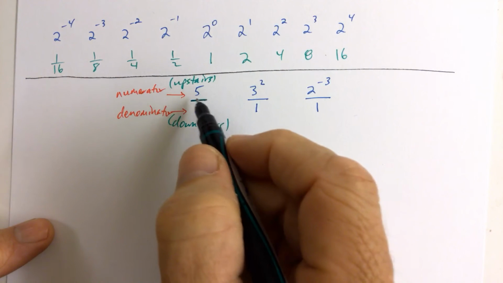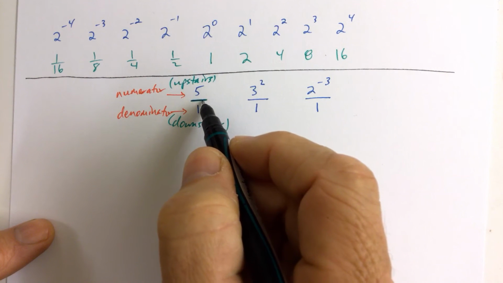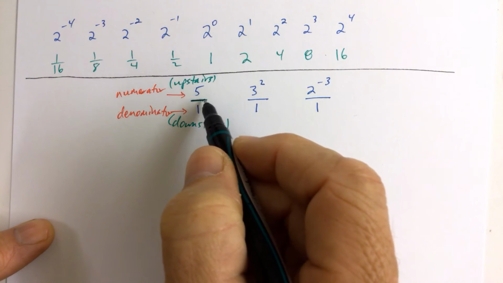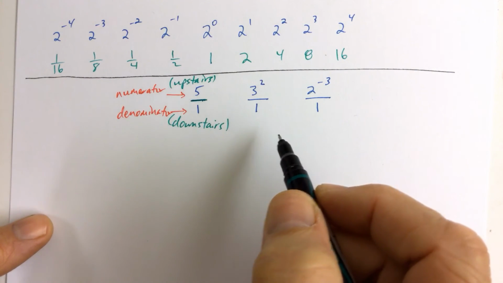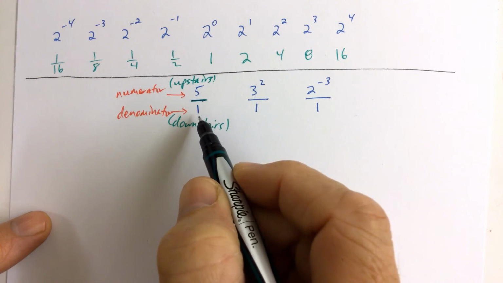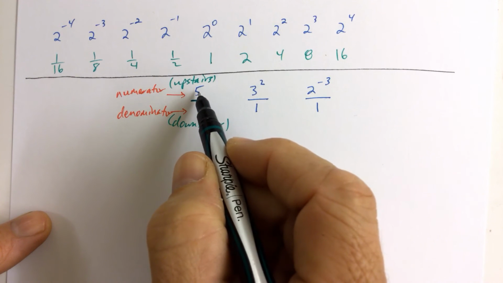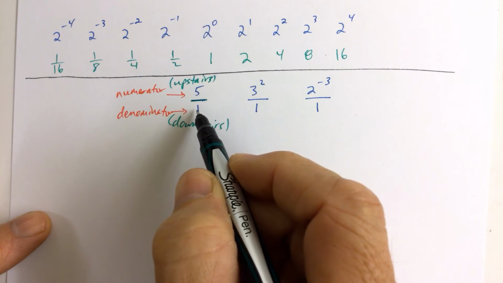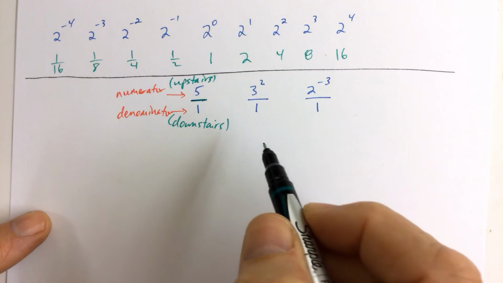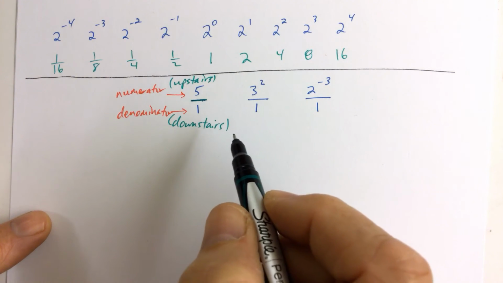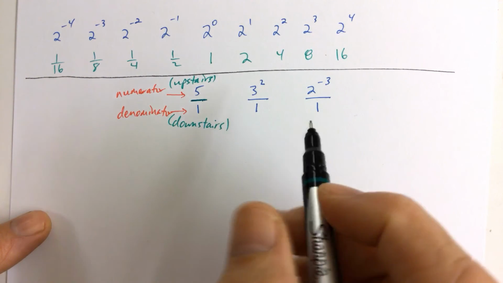And I guess you could think of that line right there either as the floor for the upstairs or the ceiling for the downstairs. So when you look at a fraction, I want you to be thinking about that fraction in terms of upstairs and downstairs. So why are we talking about upstairs and downstairs? Well, you'll see that in the next couple videos.